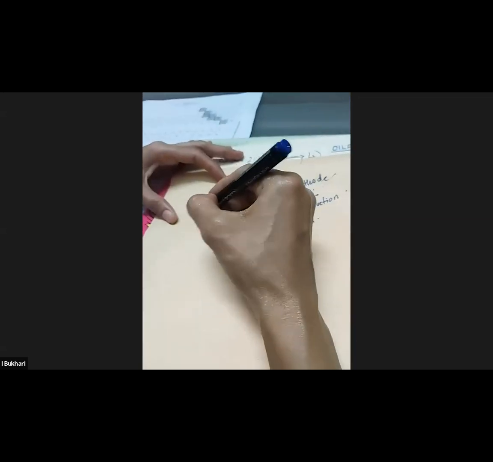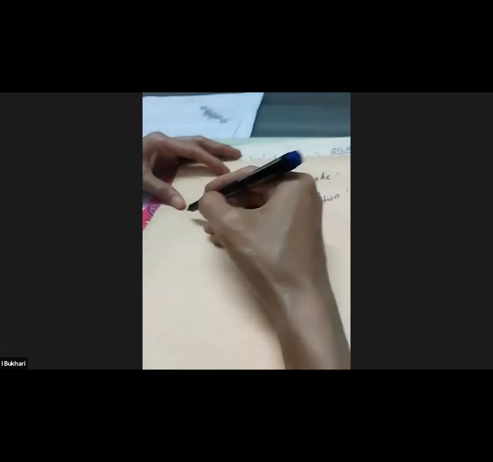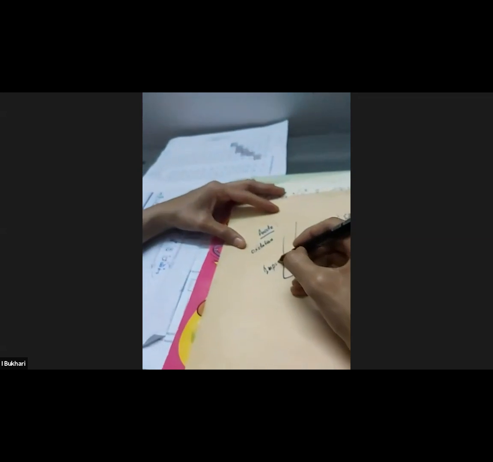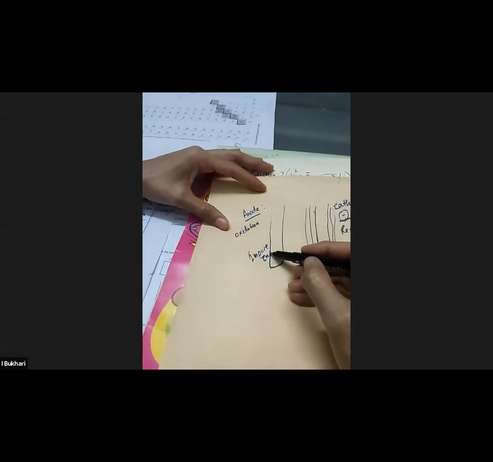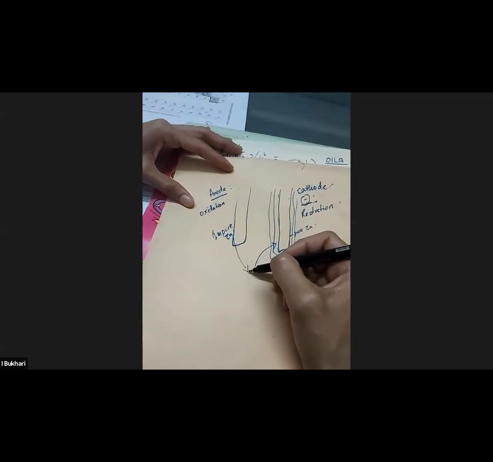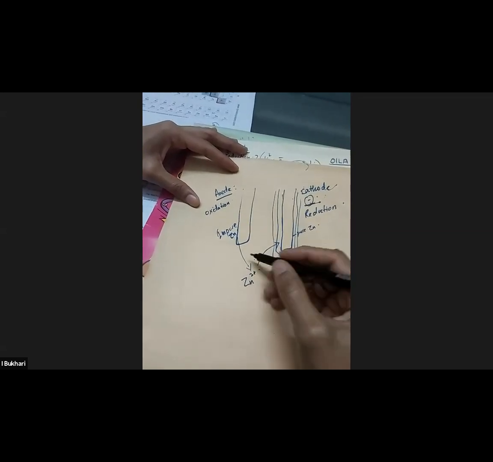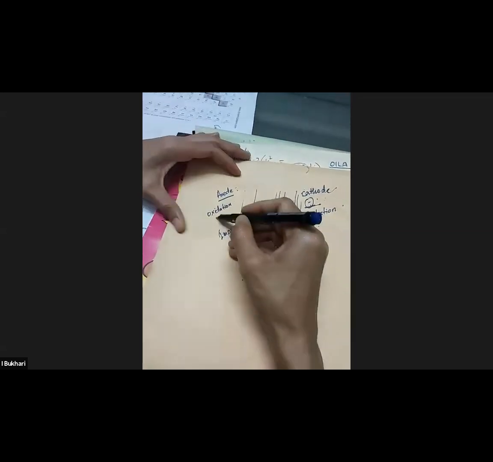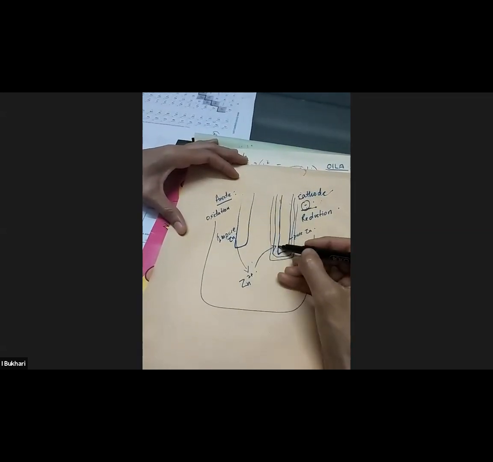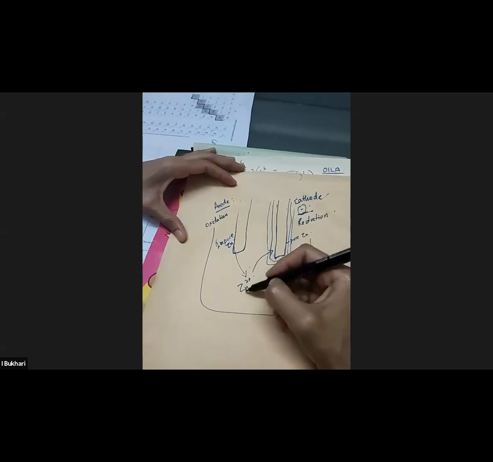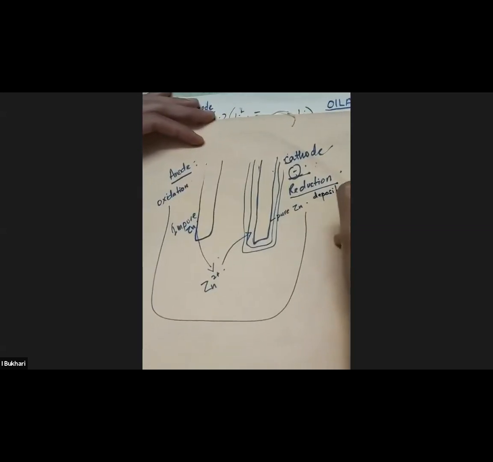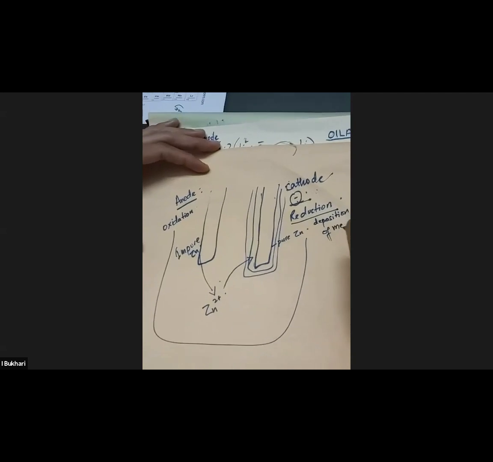At the anode, what's happening? You have loss of electrons, so you have oxidation going on in here. So impure zinc will lose electrons and will be added to the electrolyte in the form of zinc ions. And then those zinc ions from the electrolyte will be providing ions for getting reduced. Remember, reduction is the deposition of metal.